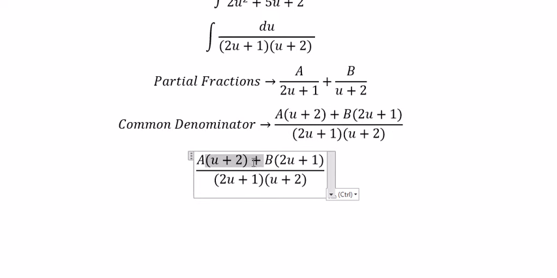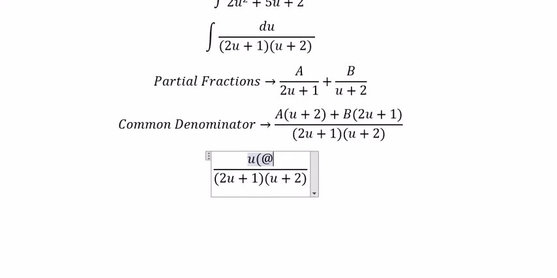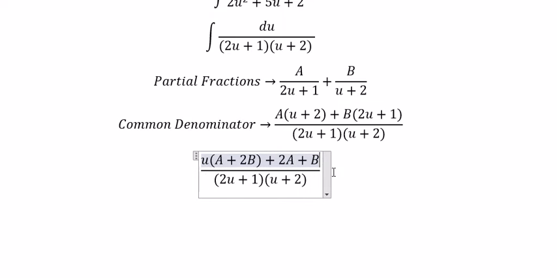So we will arrange based on the power of u. About u, you got A plus 2B and we have 2A plus B. So based on coefficient on numerator, we just have this one equal to number 1, this one equal to number 0 in here. And now we can create the system of equations.